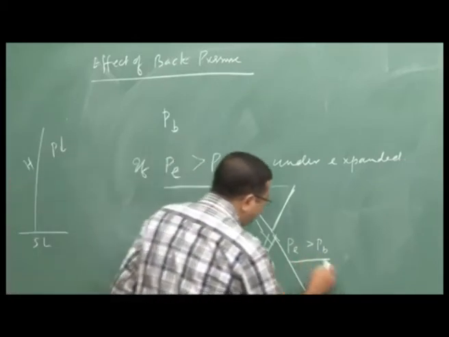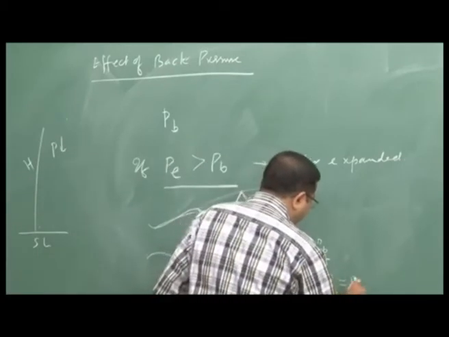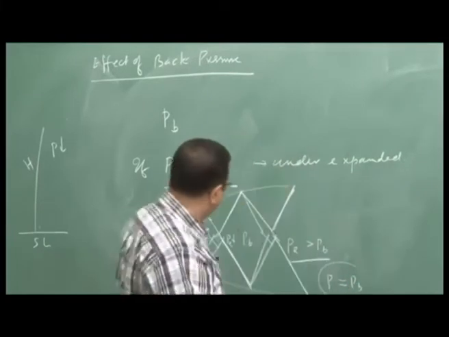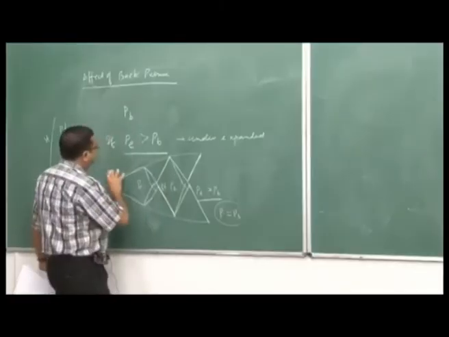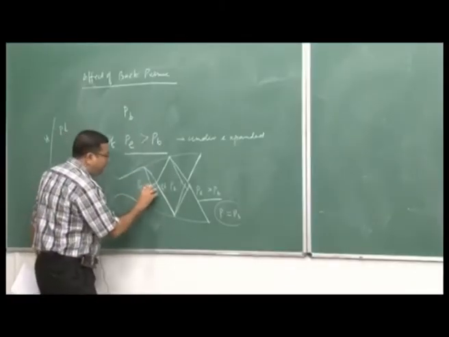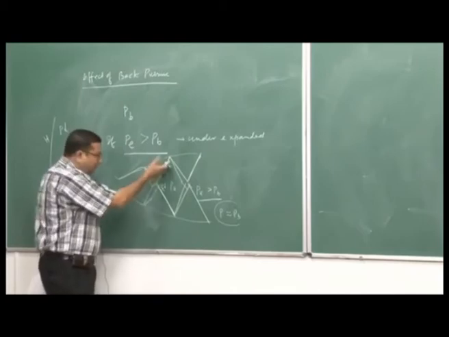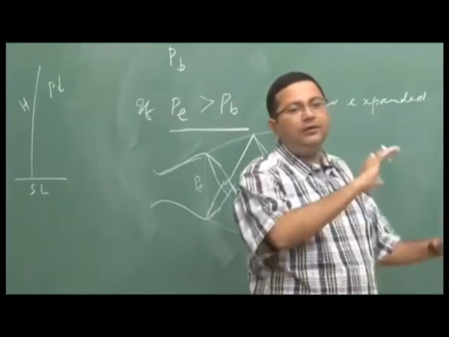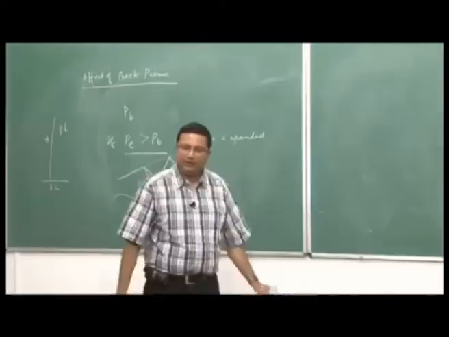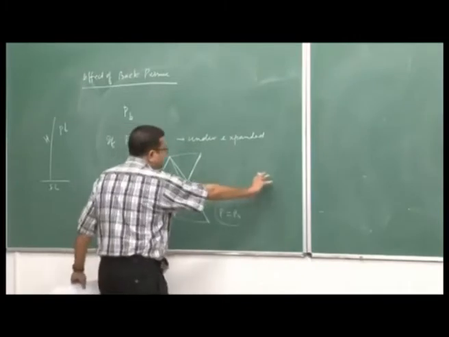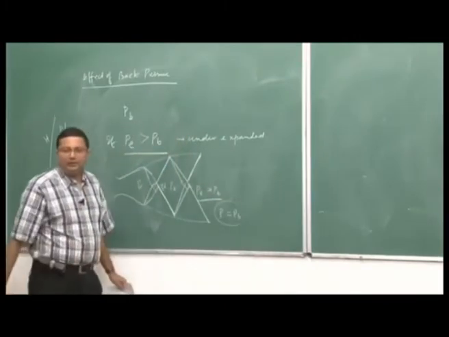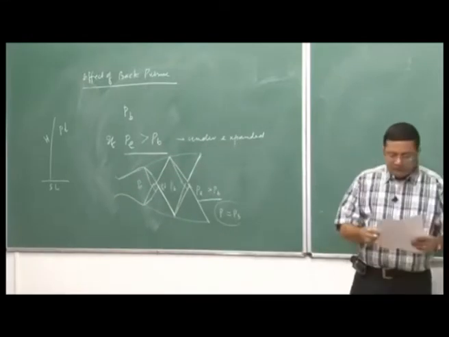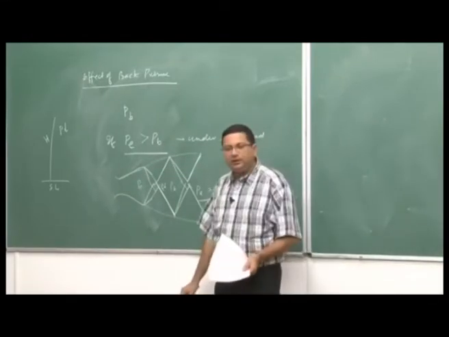When these two pressures are equal, P equal to Pb, then this continuation stops. So, essentially what we see is that when we have an under expanded nozzle, first we get an expansion fan followed by a compression wave, then expansion fan, like that there will be a series of expansion fans and compression waves. That is how it will finally come to the balance condition. So, therefore, this is one thing that happens for an under expanded nozzle.